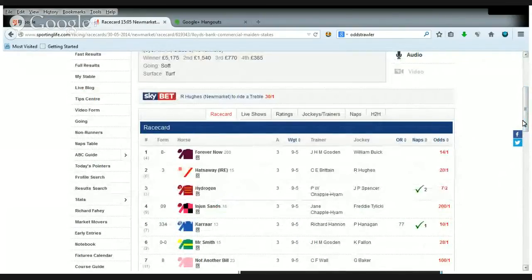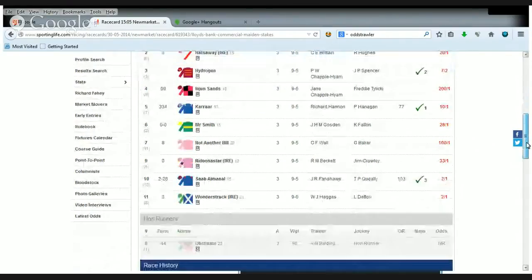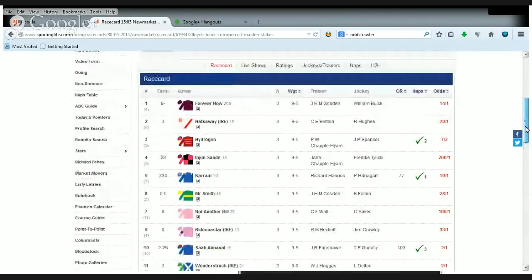3:05 Newmarket. Wonderstruck and Hatter's Way. Bit of a dodgy one this is.